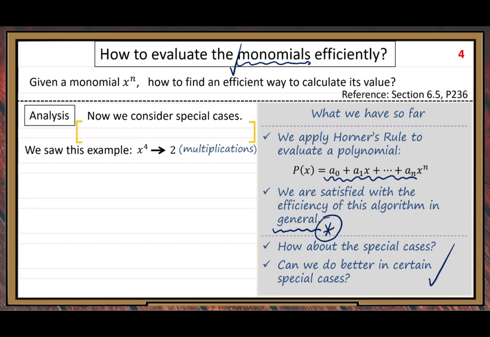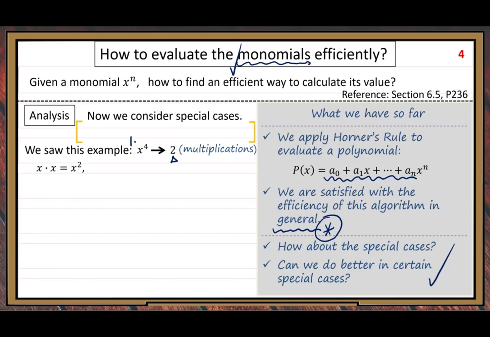Because if you use Horner's rule, its leading coefficient is 1, times a power function, x to the 4th. So based on our Horner's rule result, we need 3 multiplications. So you can see there is a better way than Horner's rule.